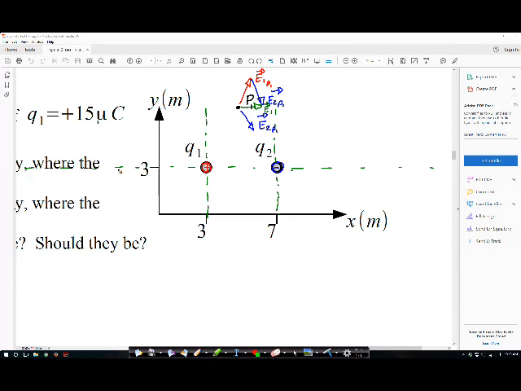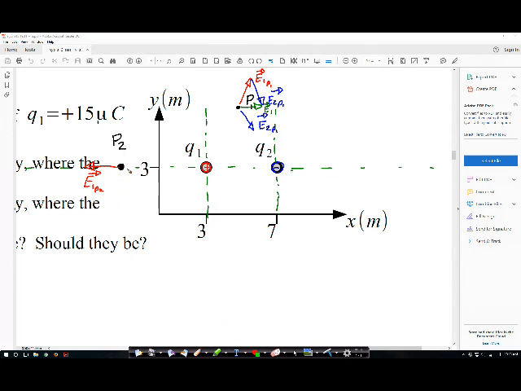So if I look at a point over here, I'll call that P2, then the electric field at P2 caused by Q1 goes away from Q1. That's the electric field caused by charge 1 at point 2.